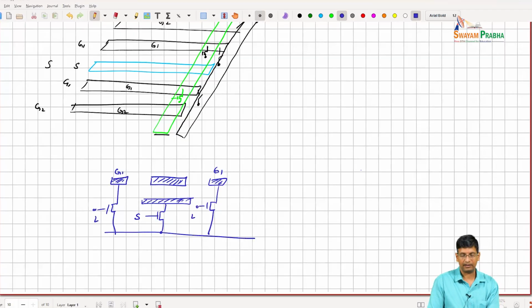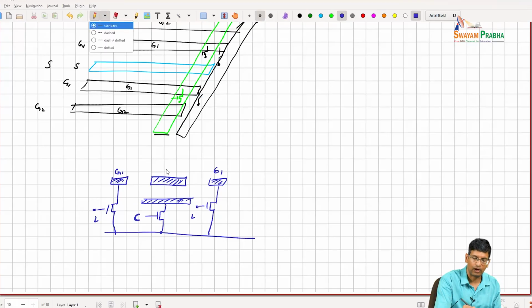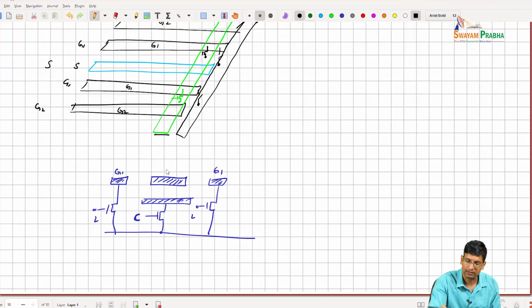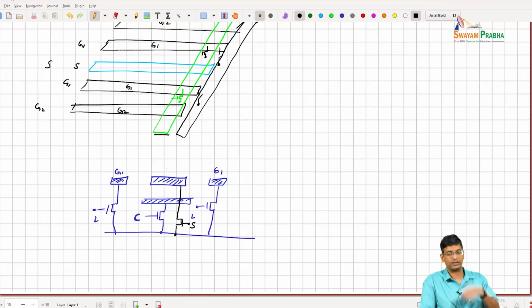Actually, to keep their notation correct, this is the C switch. And they also have additional switches which exist in between, like a resistive load, which they call the S switch. So these are the three sets of switches that they have.